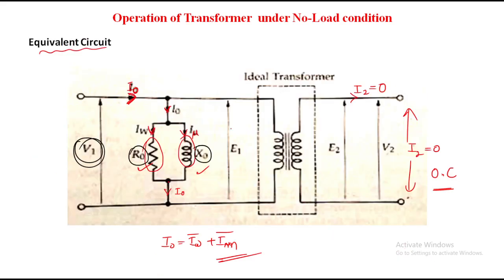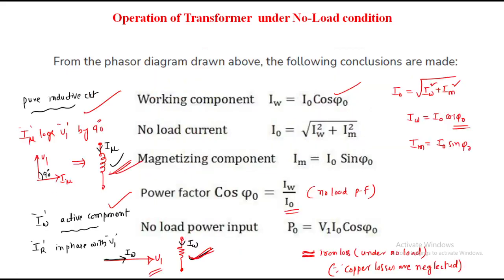And how can we represent the wattful component of current through a resistor and the magnetizing component of current through a reactive component? For that we have a reason: the magnetizing component of current always lags V1 by 90 degrees. That's why we have to represent it with a reactive component. The wattful component of current is always in phase with V1, which is possible only with a pure resistor.